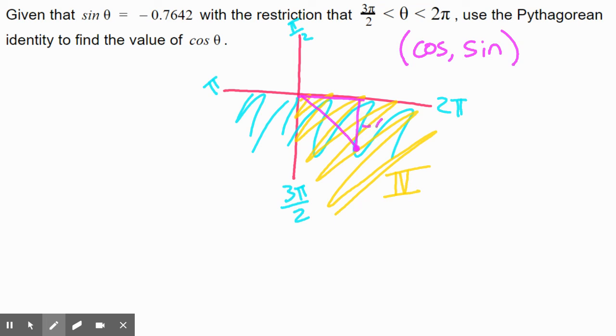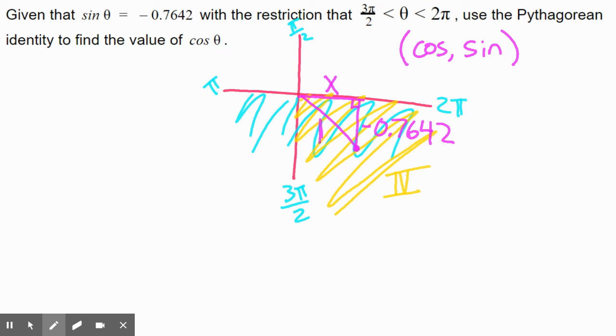That's negative 0.7642. And it's always going to tell you to find something to a certain degree of precision, to 4 decimal places or whatever. So how are we going to find this? Well, is that possible even? Yeah, it is. Why? Because the hypotenuse is 1, right?